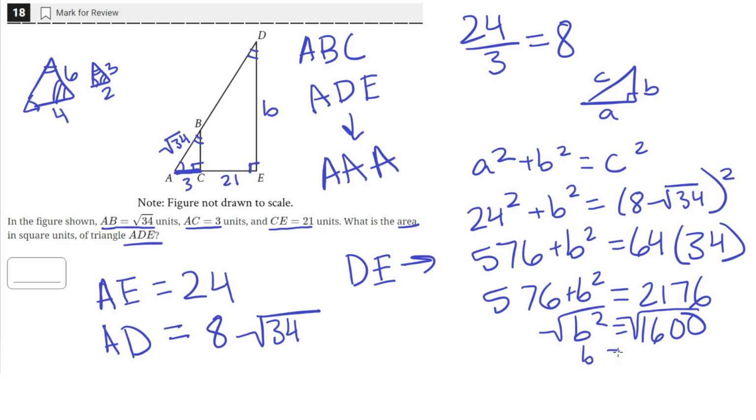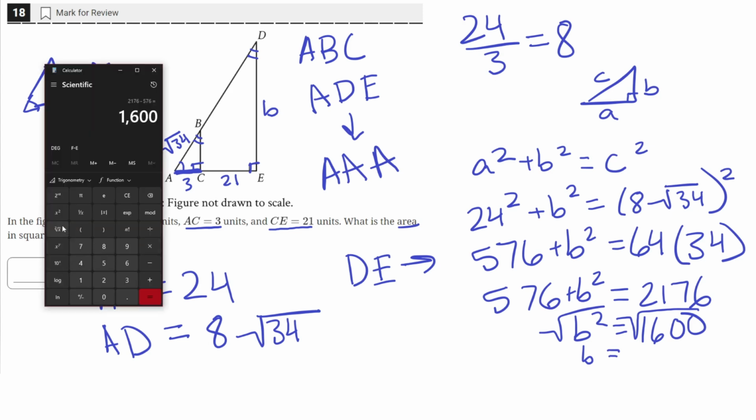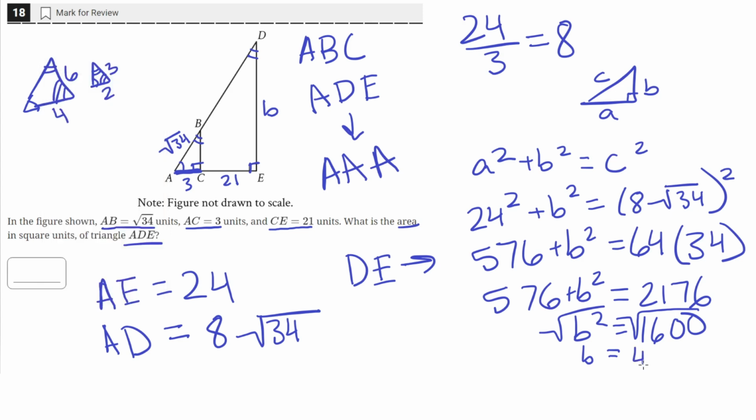So we'll just be left with b, and the square root of 1,600 should be 40. Okay, so now we know the length of b, so this side. So that means DE is equal to 40.